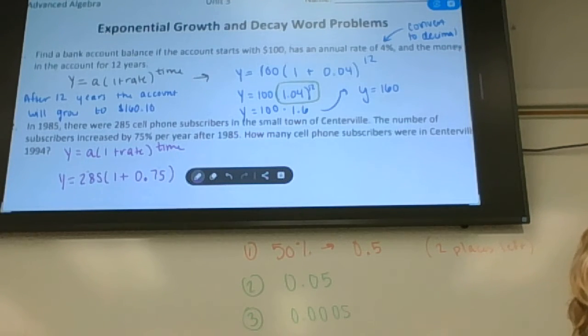Plus rate. So the 9th power, it's been 9 years.